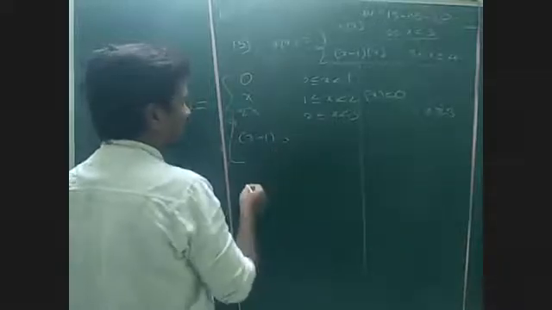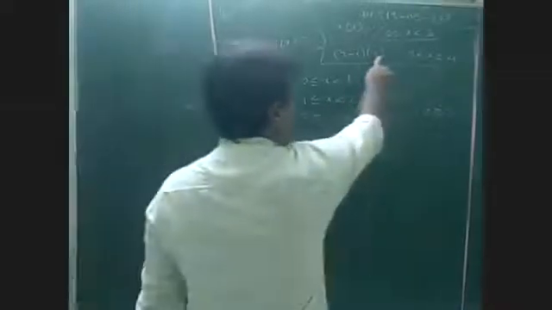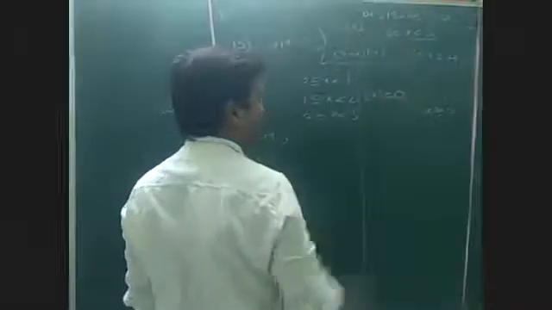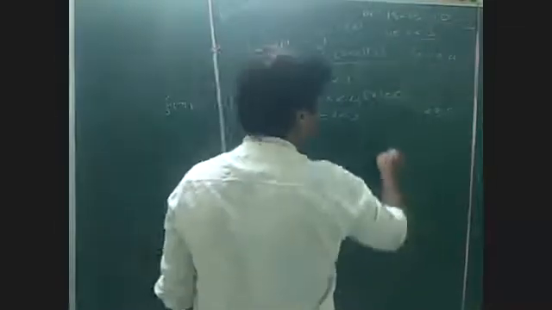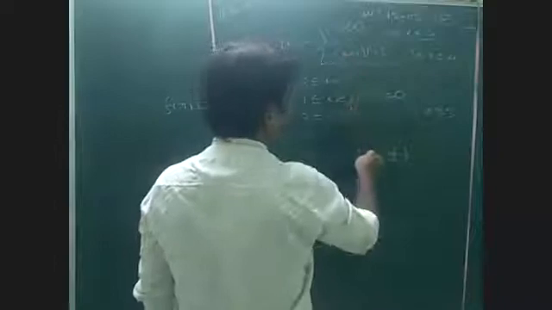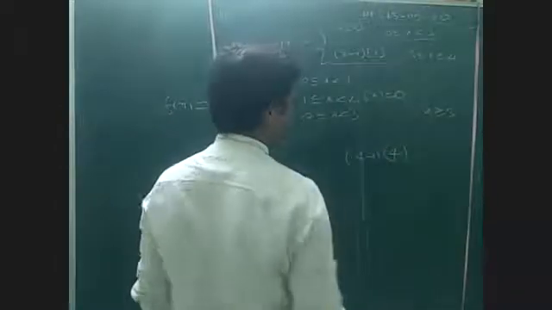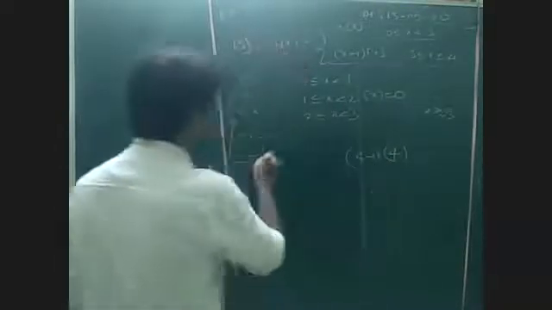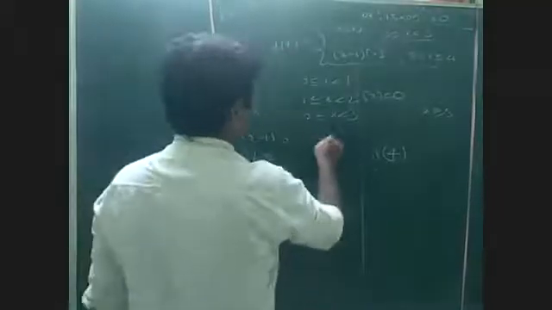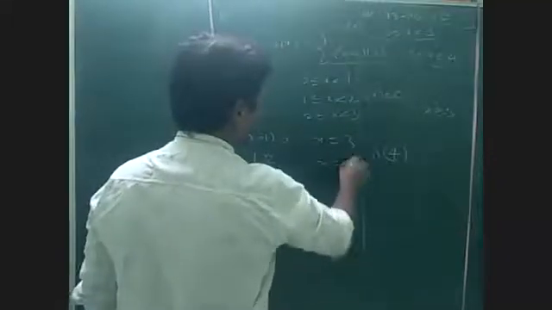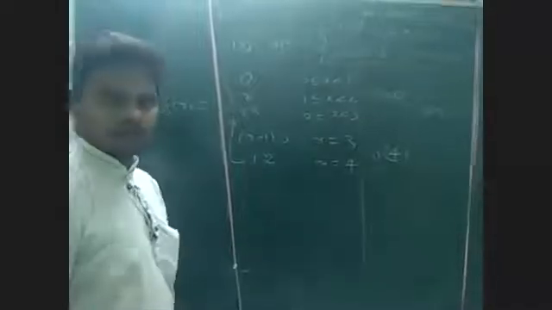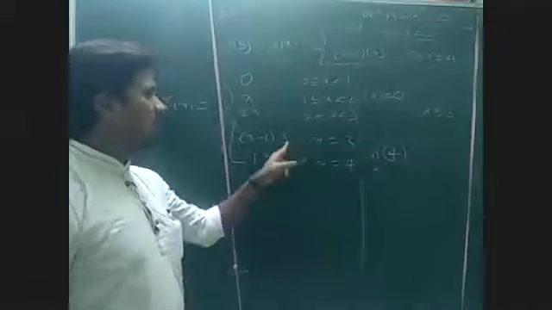Here 4: whenever x is less than or equal to 4, the [x] value is 4. Substitute 4 also here: (4 minus 1) into 4, nothing but 12 we will write. So when x is equal to 3, [x] value becomes 3, 3 into (x minus 1).